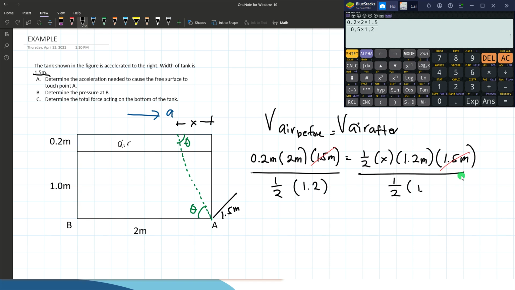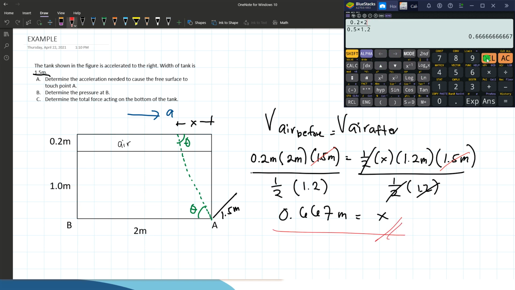So the solution is x equals 0.2 by 2 by 1.5, let's remove 1.5, that's 0.667 meters. So that's the distance x.